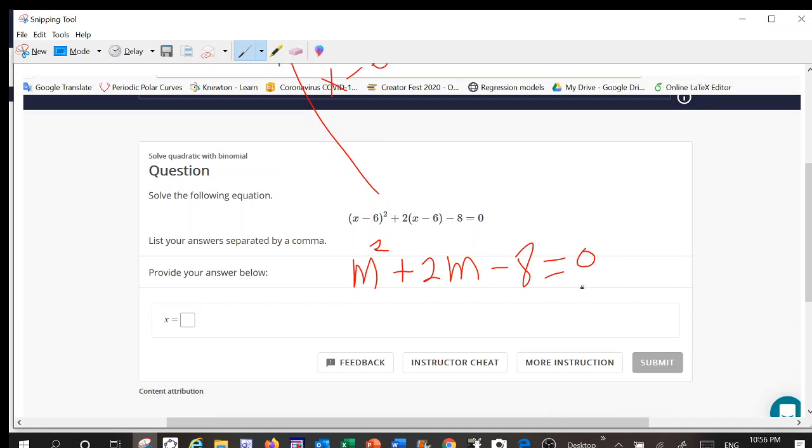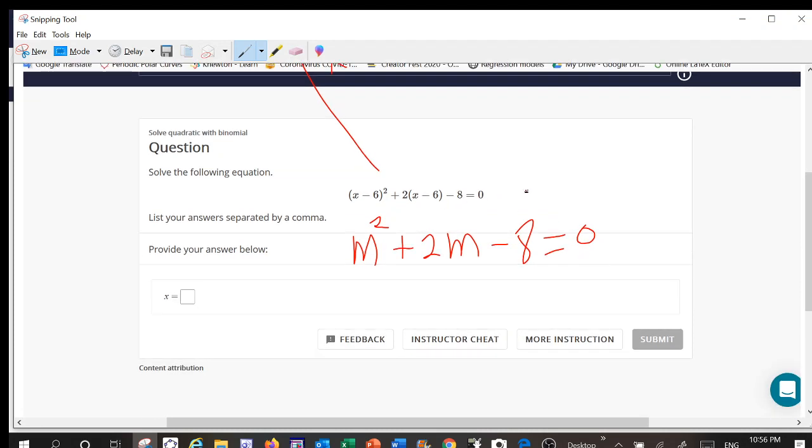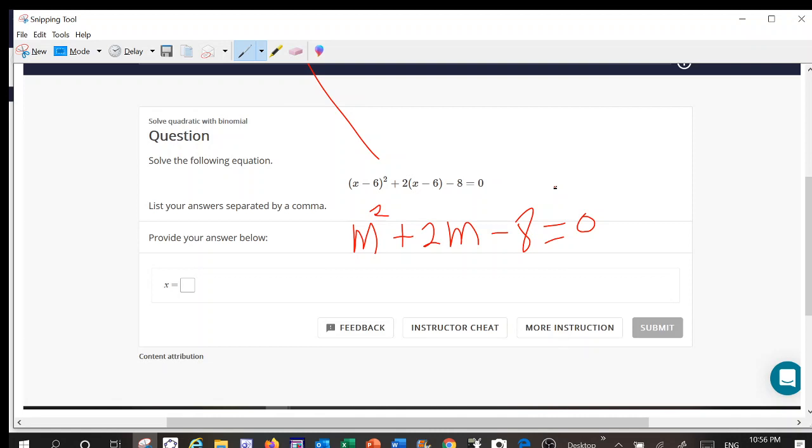So these kinds of equations are quadratic in form. They're not directly quadratic, but if you change it just a little bit, make x minus 6 be m, then we have that. Now we can solve this.